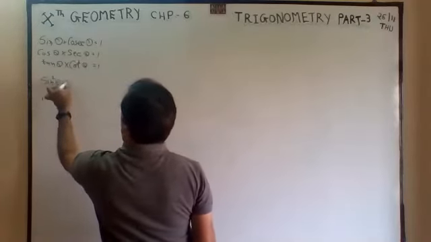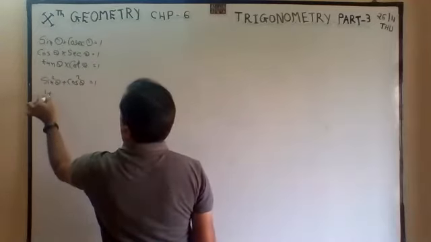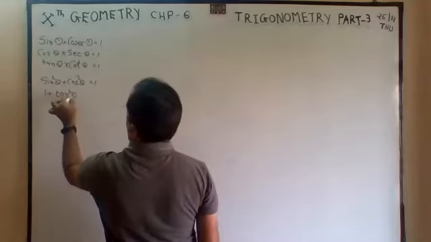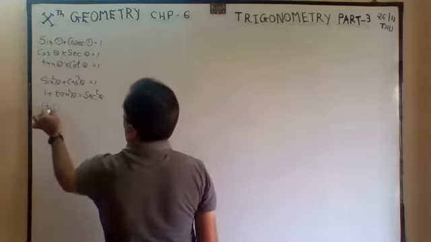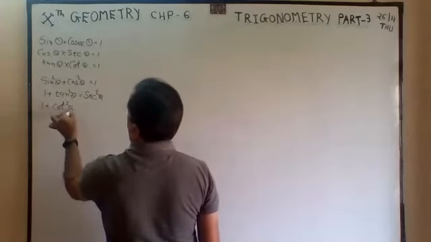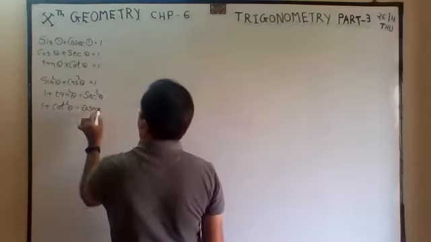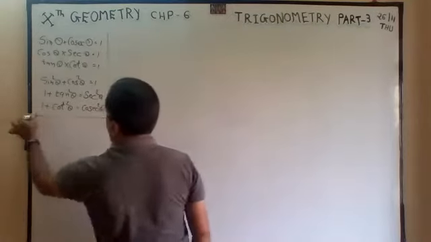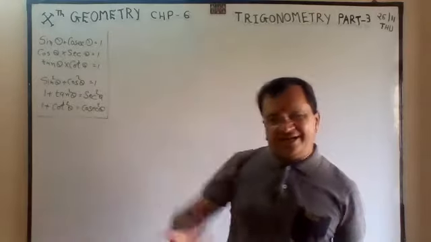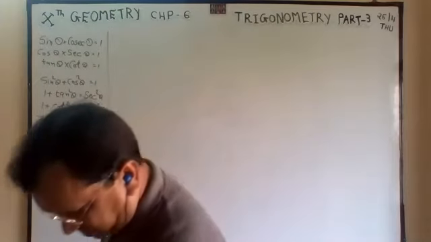Sin square theta plus cos square theta is equal to 1. 1 plus tan square theta is equal to sec square theta. 1 plus cot square theta is equal to cosec square theta. These 6, directly or indirectly, we will use. Okay.